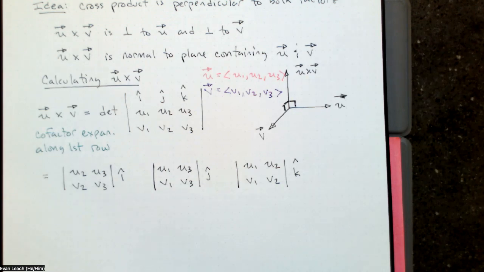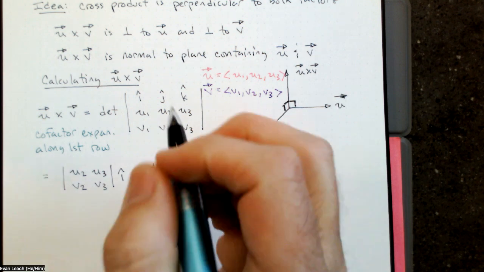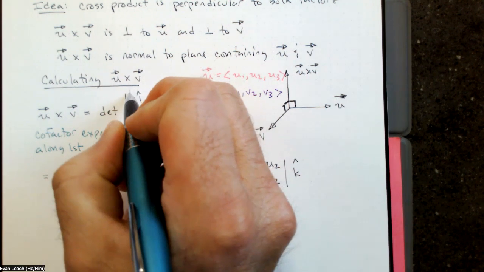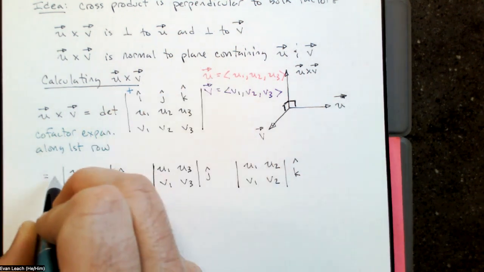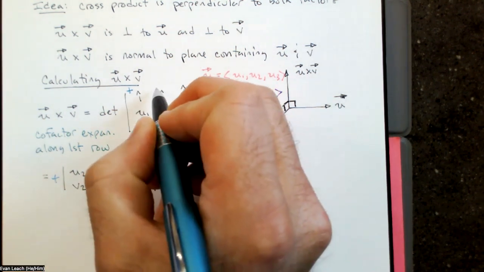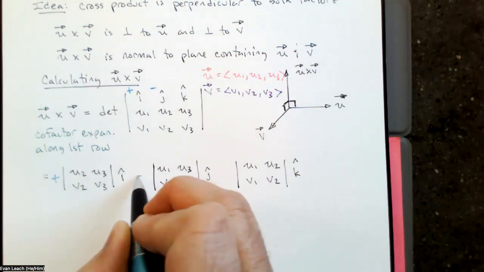So when we're calculating a determinant, we have to remember that there's an alternating pattern to the signs. So it's not just add all these things up. First row, first column is a positive term. First row, second column is a negative term.